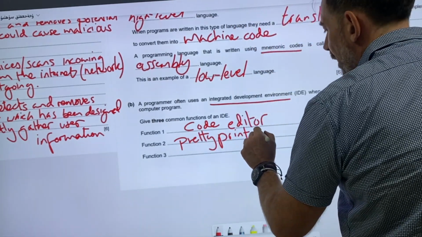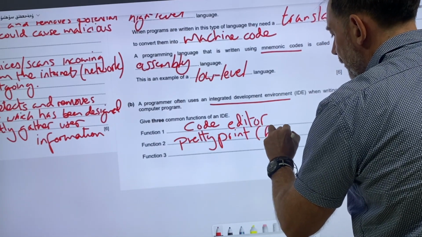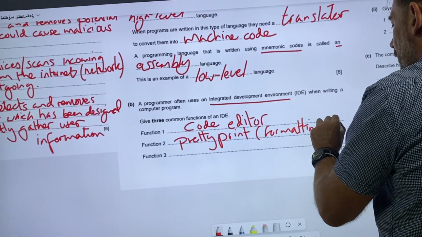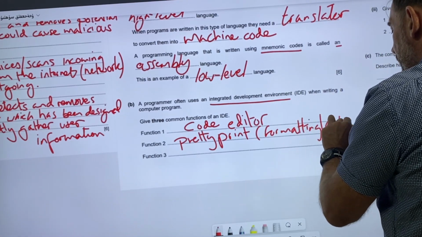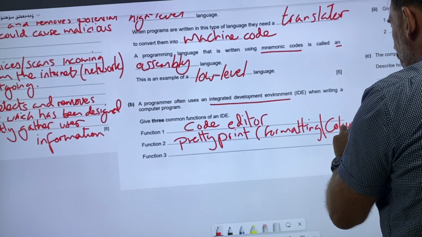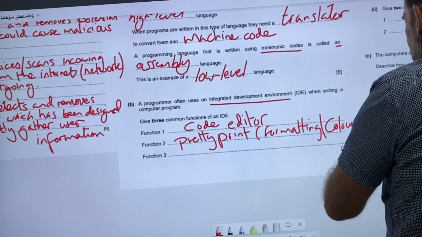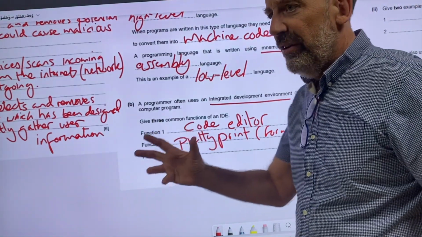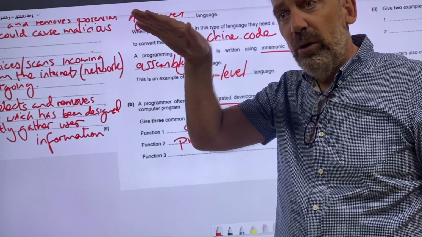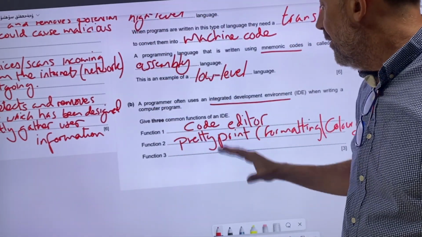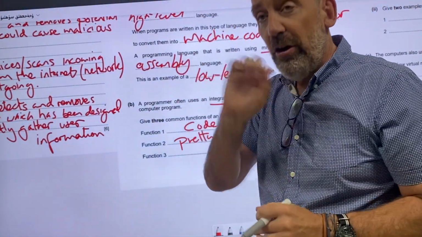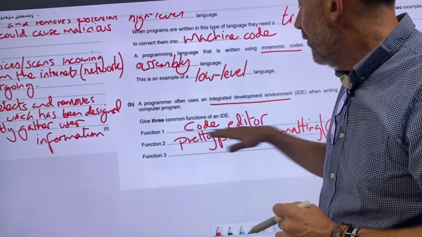Pretty print. Formatting. Color coding. If you've got variables, constants, it will put them in a different color as opposed to functions, might be in one color, the print statement and things. But no, pretty print you can sort of identify quickly, and such as the comments would be in a different color as well. So very good, pretty print.